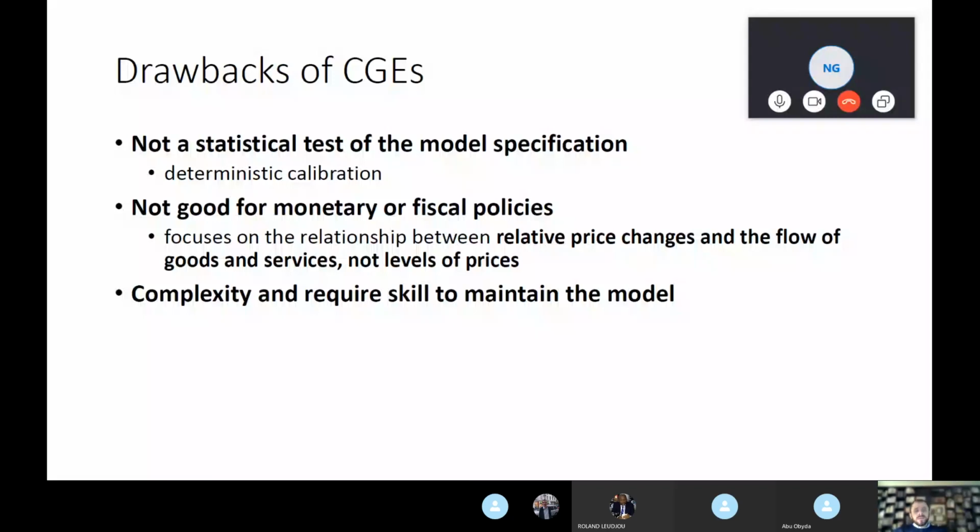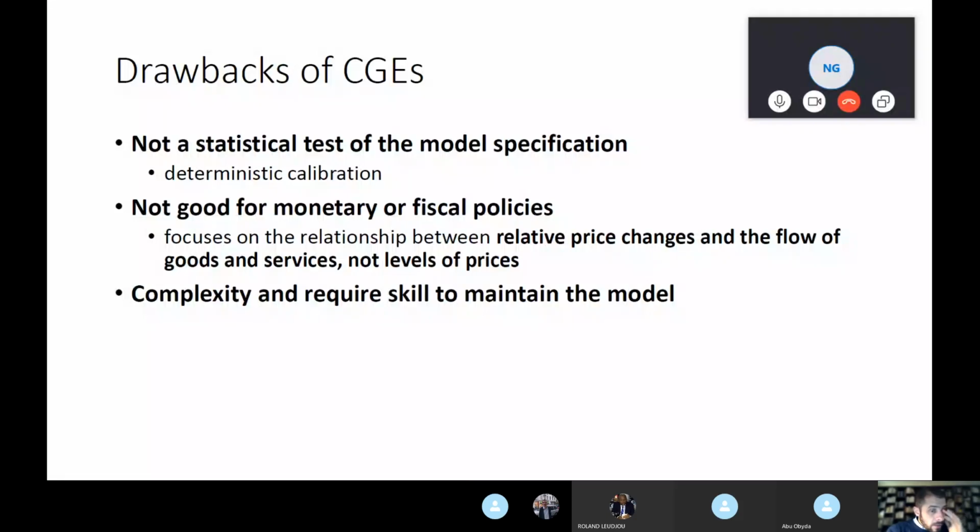Another drawback is related to the fact that we don't have a real statistical test that we can use in order to test whether our specification is correct or not, and that's what we have in econometrics. Because in econometrics we can have several econometric tests that help us examine whether we have a specific quantitative problem or not.